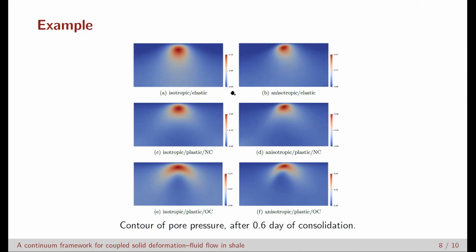And the rows correspond to elastic materials, normally consolidated shale and over-consolidated shale. For the first two materials, pore pressure distribution are light bulb shaped. However, for over-consolidated shale, the contour of pore pressure is arc shaped.